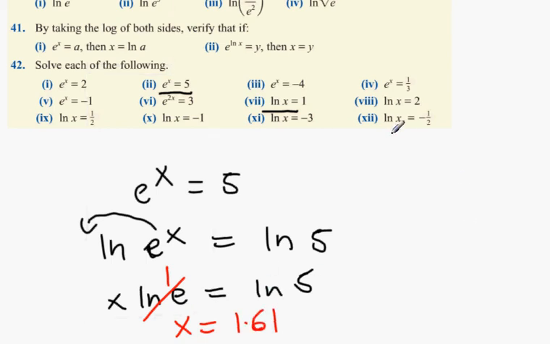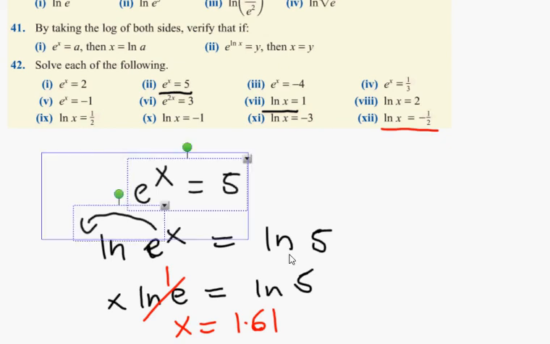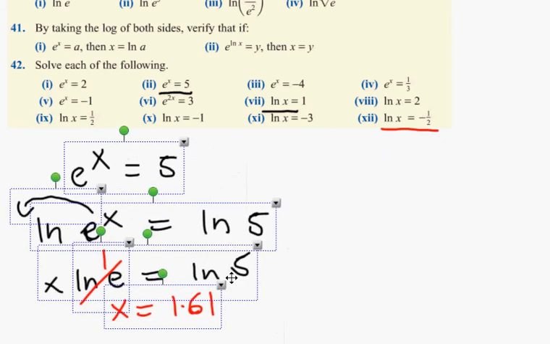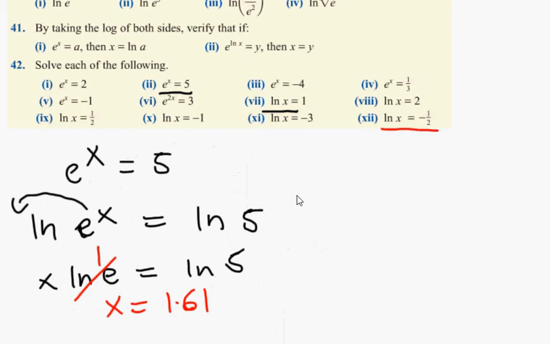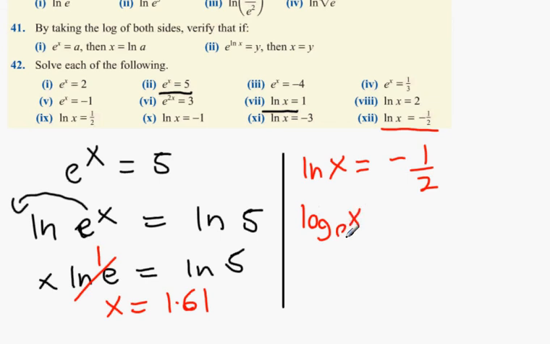Next type of question is ln x equals minus a half. The one I'm doing in red is a different type of question. So what I'm going to do is, ln x means log x to the base e.